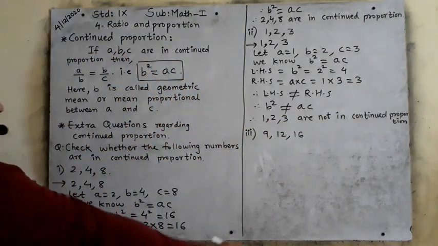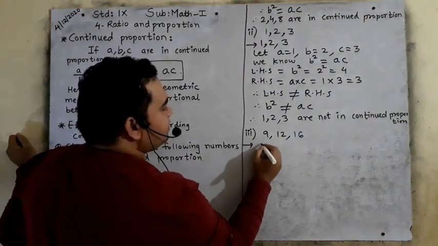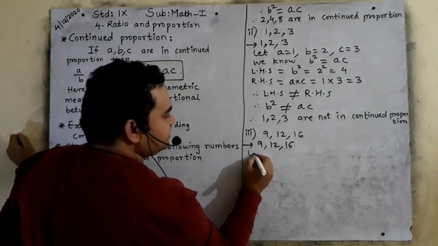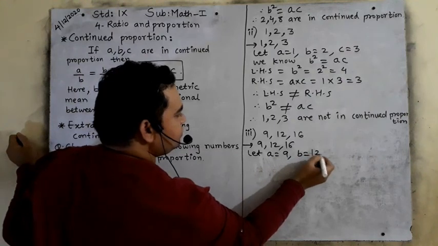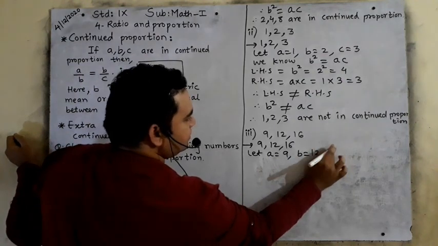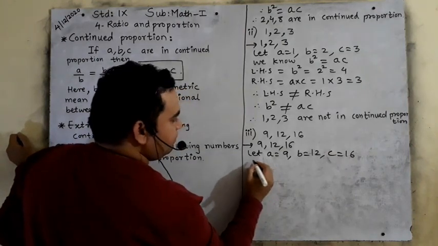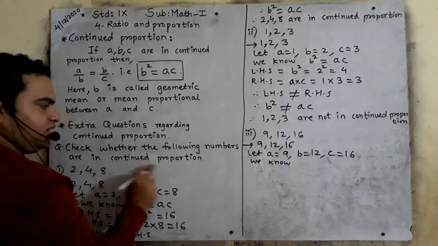Now see here. Now the third one, same. 9, 12, 16. So we will consider A is equal to 9, B is equal to 12 and C is equal to 16. We know the question belongs to continued proportion.